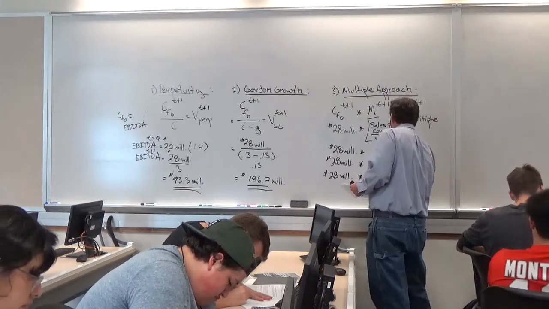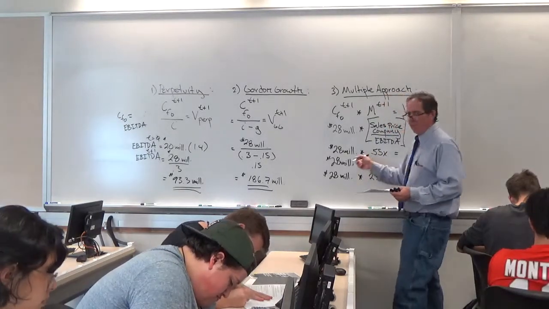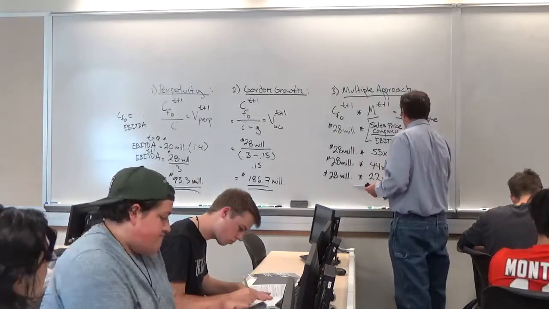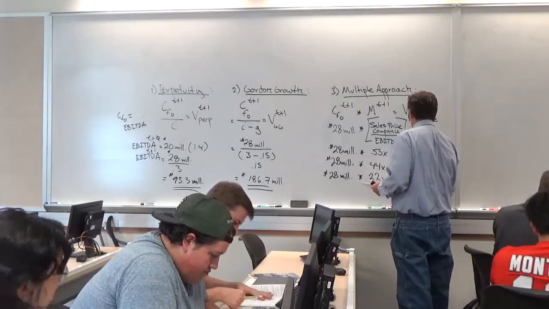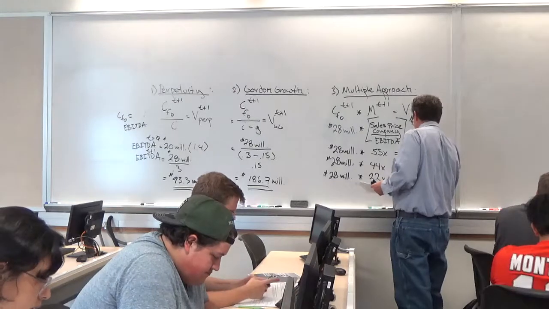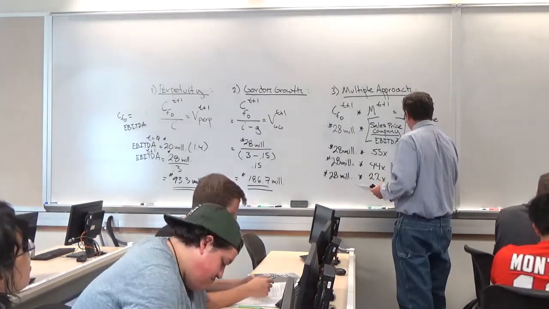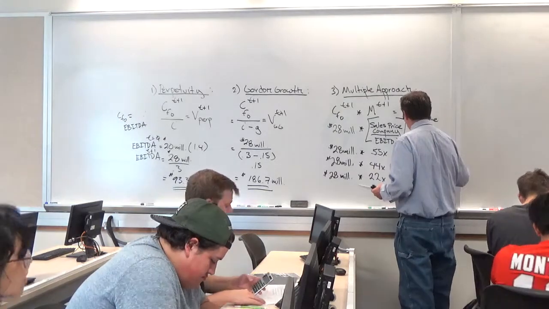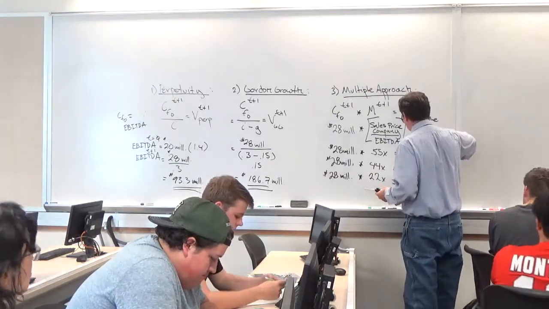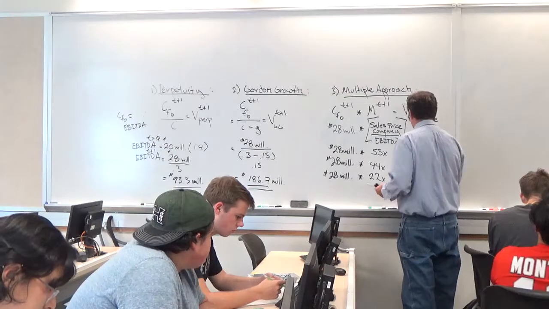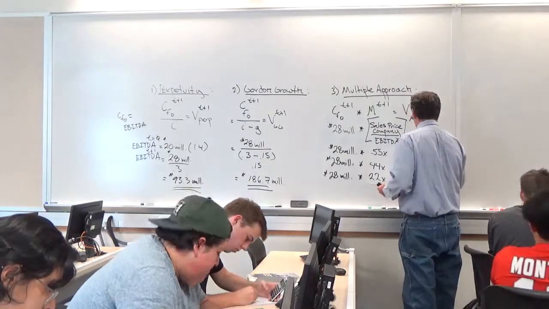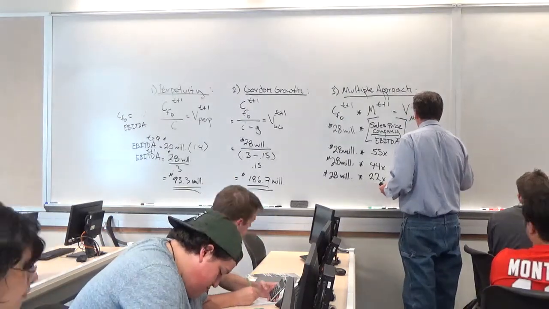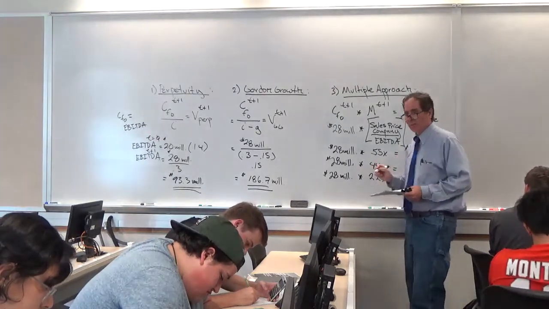Okay. So what's 55 times 28? 1,540, right? That would be 1,540,000,000. I'm going to go straight to the billions, okay?